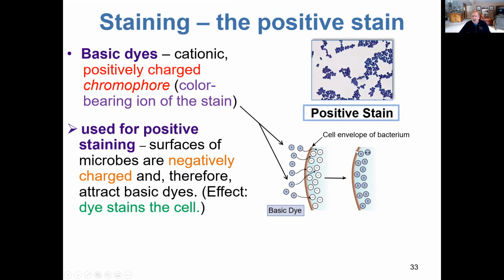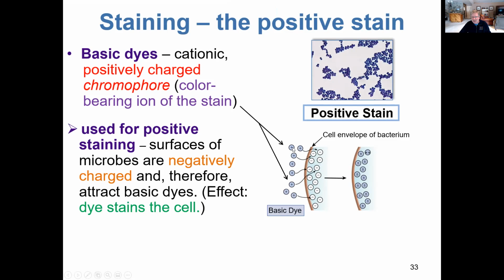So if we look in the lower right-hand corner of the slide, here we see the outer surface of the cell envelope, it's called, in brown. And we have to understand that in the case of most bacteria, the surface of the cell envelope here contains negative charges, negatively charged outer surfaces here of the bacterial cell wall.